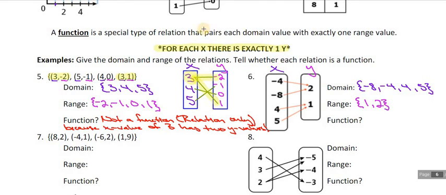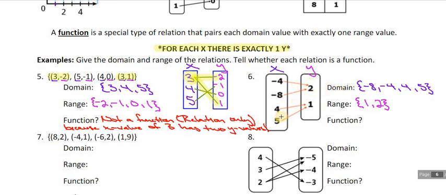Now here's the thing with functions. We only care about what the x's are doing. It doesn't matter what the y's are doing. If you look at the y's, there's only two y's, and we've got multiple arrows going into each of them. However, in order to determine whether or not we have a function, we need to decide, does every x have exactly one y? Well, -4 is only going to one number. Don't care what it is. -8 is only going to one number.